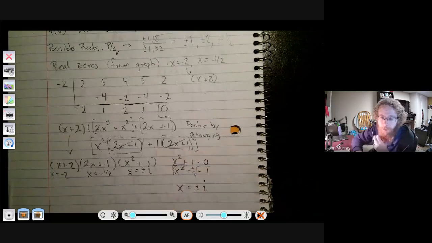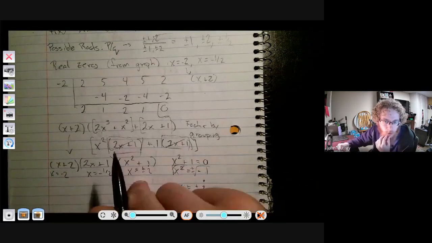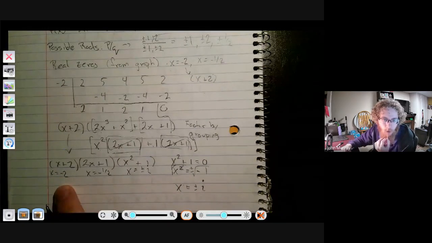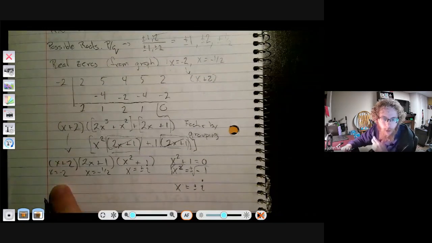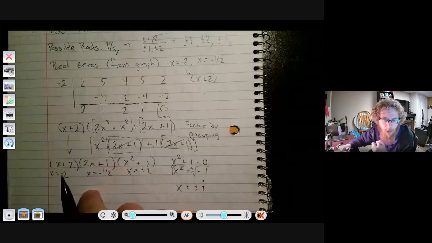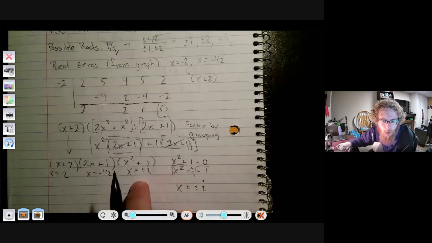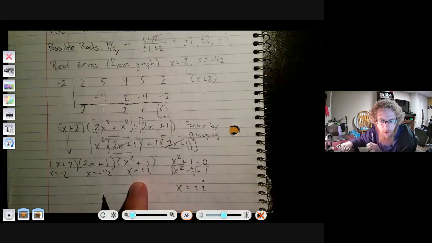So there we have all of our solutions. x plus 2 gives us x equals negative 2. 2x plus 1 gets us x equals negative 1/2. And then this, we get our two imaginary solutions, positive i and negative i.